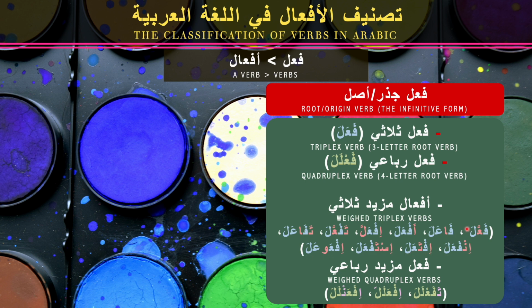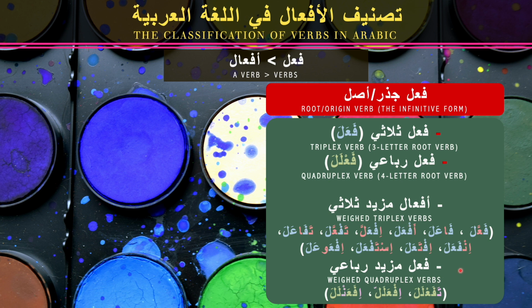We have 1, 2, 3, 4, 5, 6, 7, 8, 9, 10 possible forms of weighted triplex verbs that come from originally triplex verbs, and 3 types of forms for the weighted quadruplex verbs, which are تفعلل, افعلل, افعنلل.